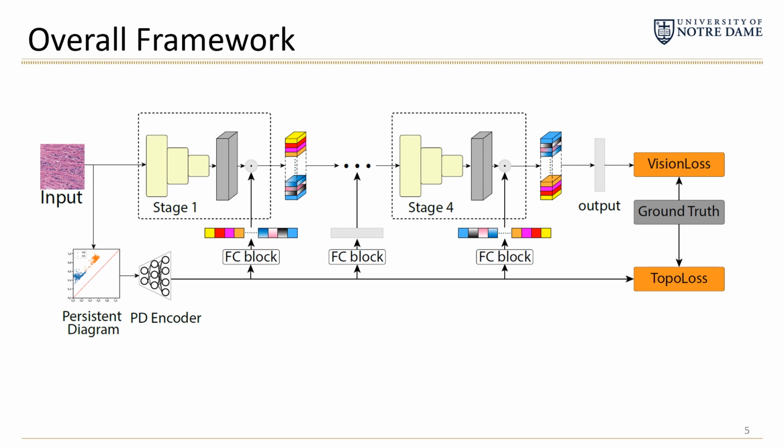Then we use a fully connected block to incorporate the one-dimensional topological feature vector into the features of the CNN or transformer backbone. And the loss function is a summation of the vision classification loss and the topological classification loss.